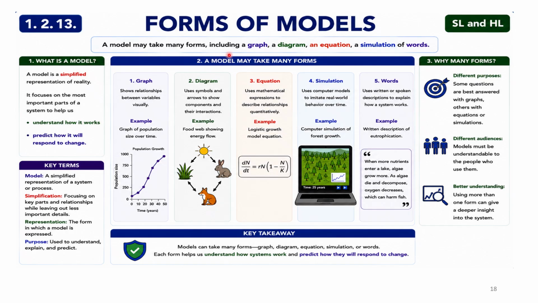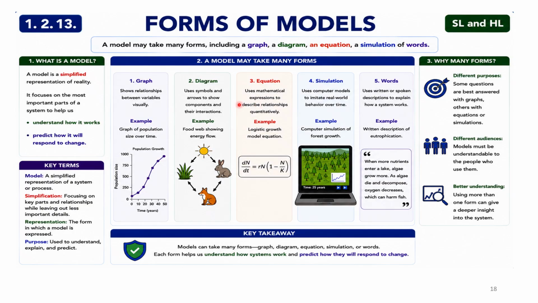Environmental models can be presented in several forms, with each form designed to answer different scientific questions. A model is a simplified representation of reality that helps us understand how systems operate and predict how they may respond to change. Models may be expressed as graphs, which display trends such as population growth over time. Diagrams, such as food webs that illustrate energy flow between producers, consumers, and decomposers.